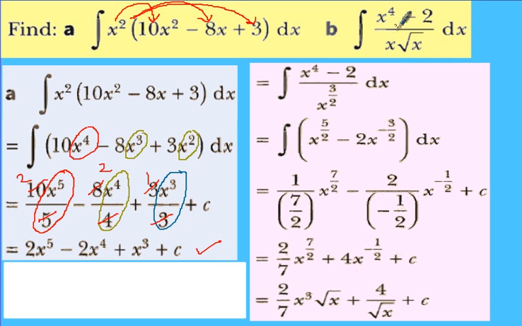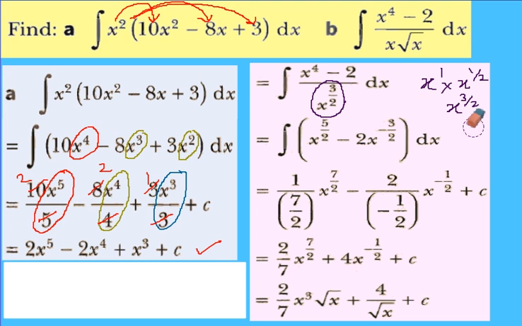Here x raised to 4 minus 2 and 2 into root x. Now 2 into root x means x raised to 1 into x raised to half, which becomes x raised to 3 upon 2, 1 and half. So same thing they have written, x raised to 3 upon 2. Now here you multiply. So what we have taken, we are dividing.